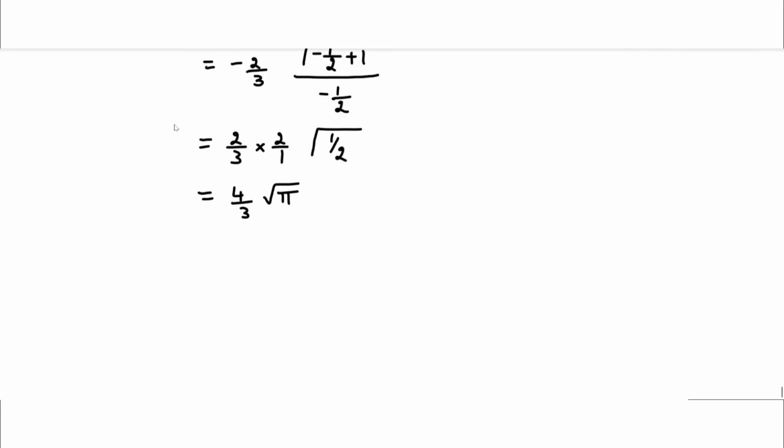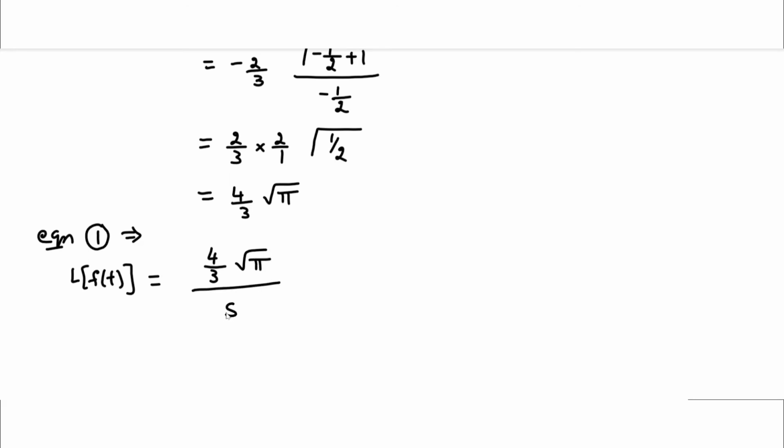So equation 1 implies L of f of t is equal to gamma of minus 3 by 2, which is 4 by 3 square root of pi, whole divided by s power of minus 3 by 2.